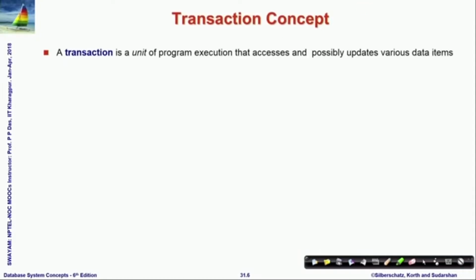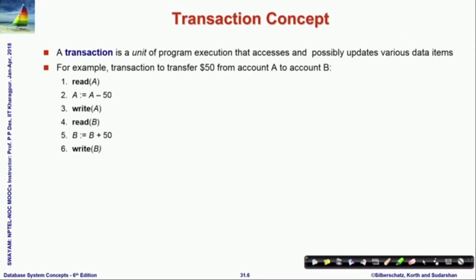We say a transaction is a unit of program execution that accesses and possibly updates various data items. So, it reads, possibly makes some local changes and then writes it back. Here is an example of a transaction.